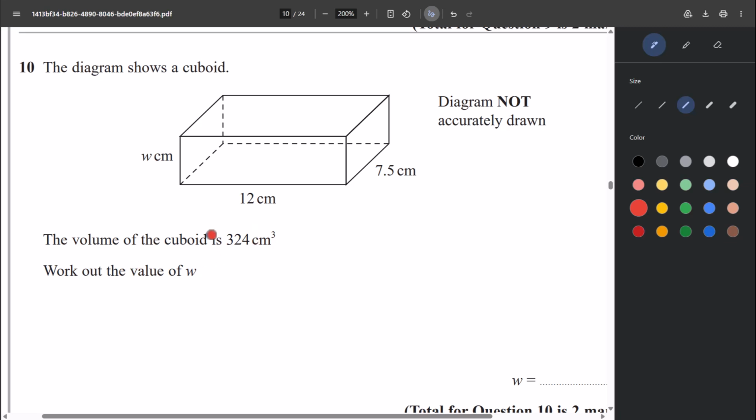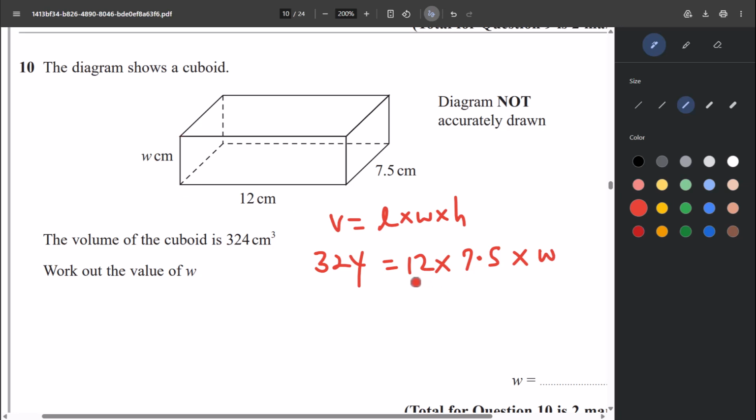And we know the volume of the cuboid here is 324 cubic centimeters, and we want to work out the value of W. A very simple way to look at this is that the volume of a cuboid is the length times the width times the height, and we know the volume here, which is 324, and the length is already given as 12, and the width is 7.5, and the height you don't know, so just replace it with W.